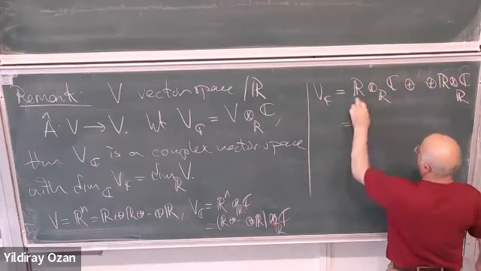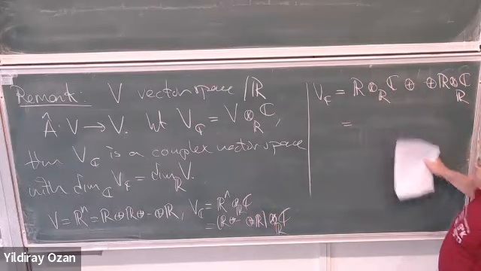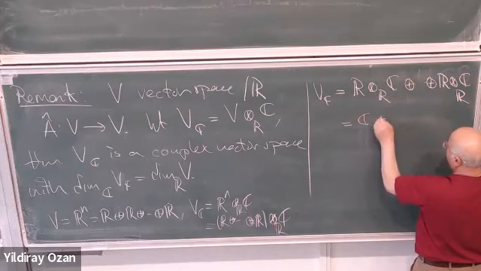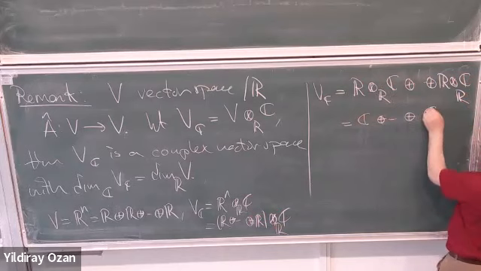But if you tensor R with C, you just get C.